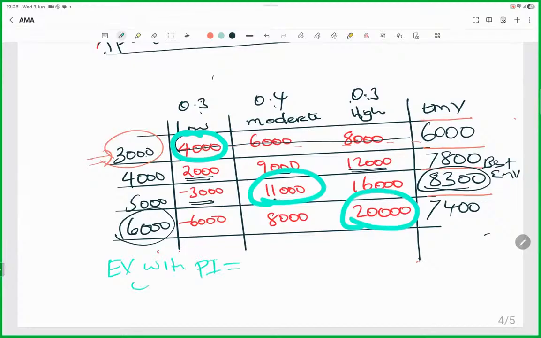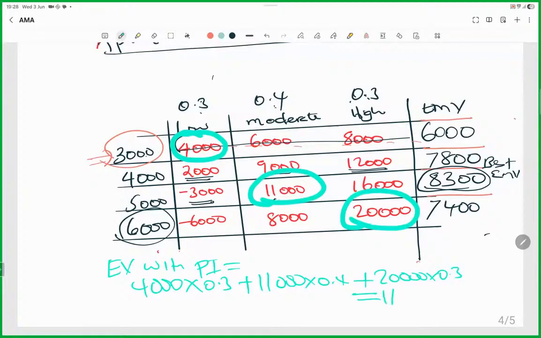The first one is 4,000 times 0.3 plus 11,000 times 0.4 plus 20,000 times what here, somebody? 0.3, which will end up giving me what figure? 11,600.